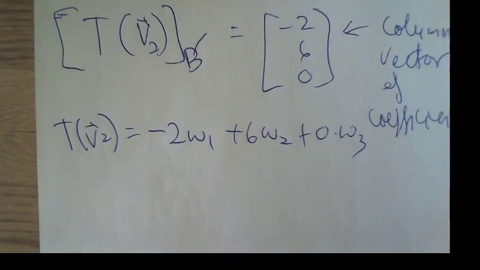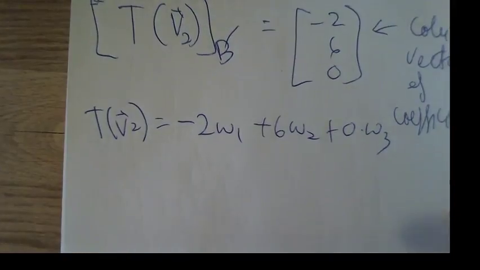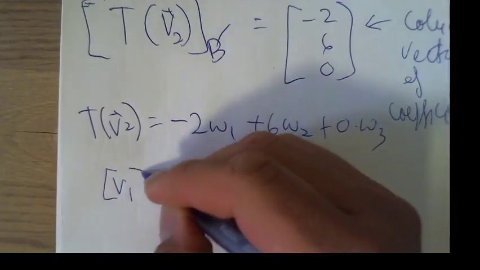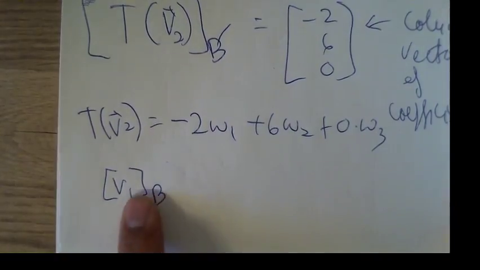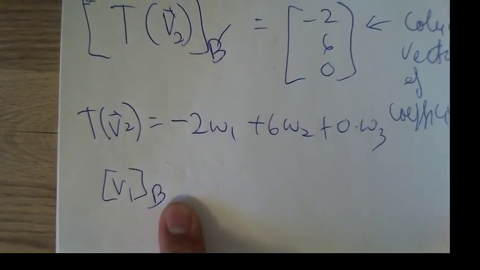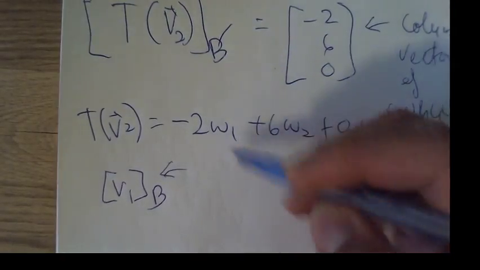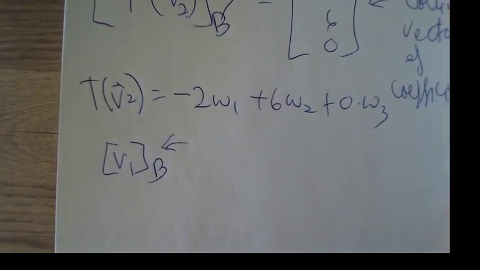So you would have to find the coefficients in terms of those vectors. If you want to multiply V1 by A, V1 would have to be like this if you wanted to use that matrix. So you need the coefficients in terms of the matrix B. Okay, so we have to be careful with that.